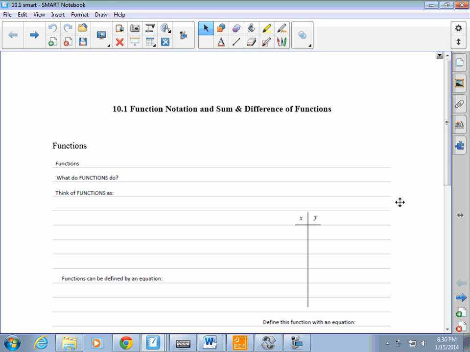So if we think of a function, what it means is that for every possible input value, if you think of putting it into an equation, there is one output value.